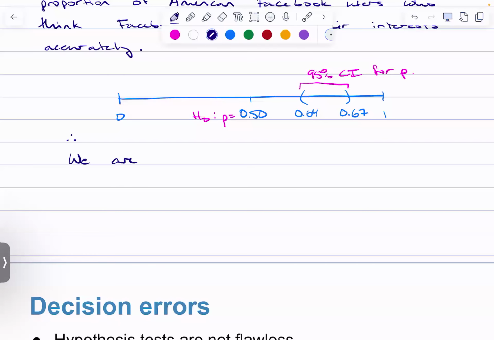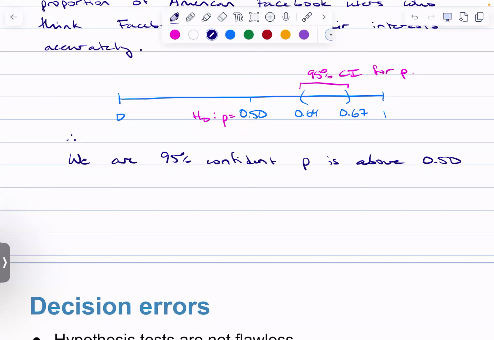But here, therefore, we are 95% confident P is above 0.5, which gives me evidence against H naught.